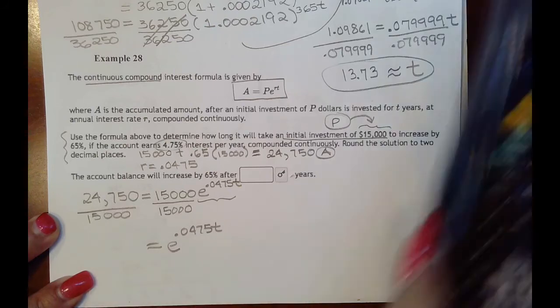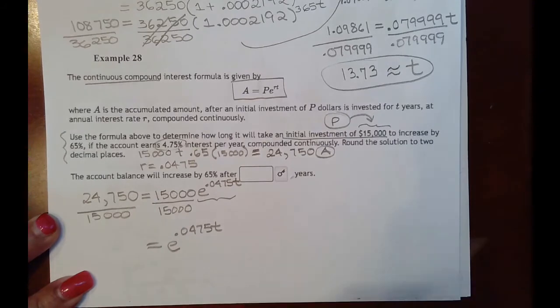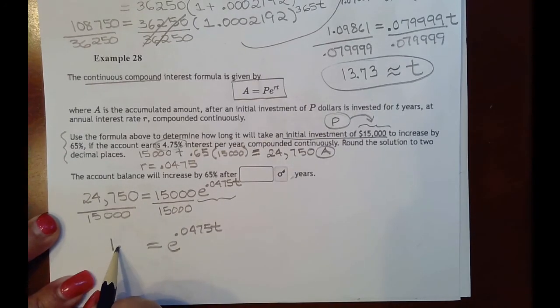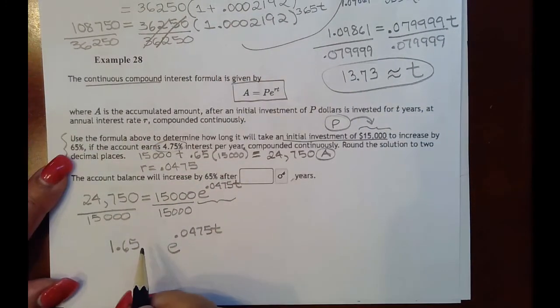And over here you'll have 24,750 divided by 15,000, and that would be 1.65.